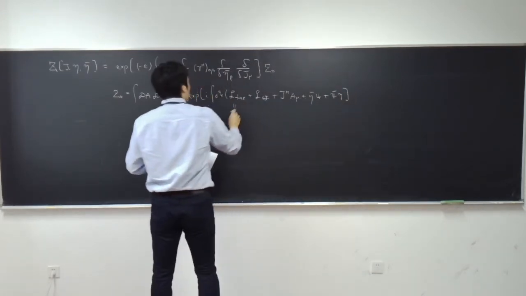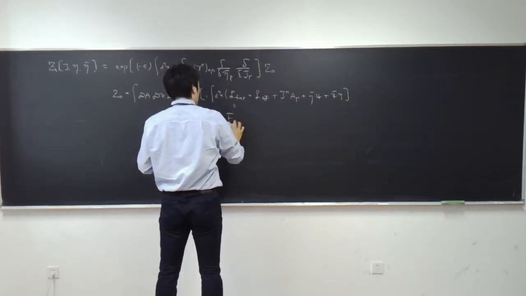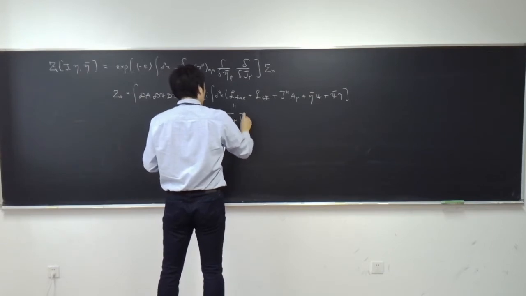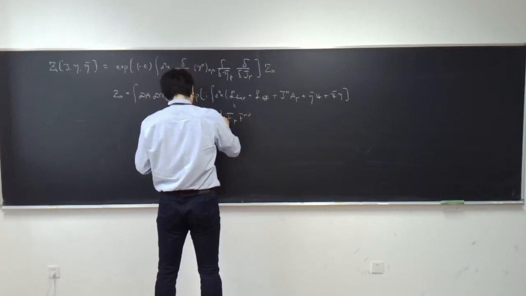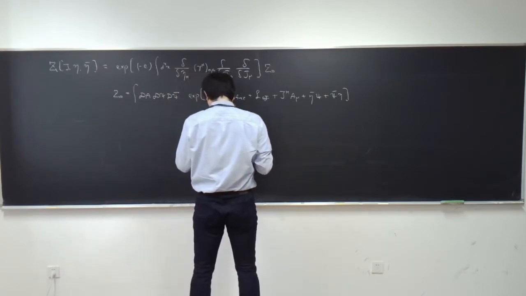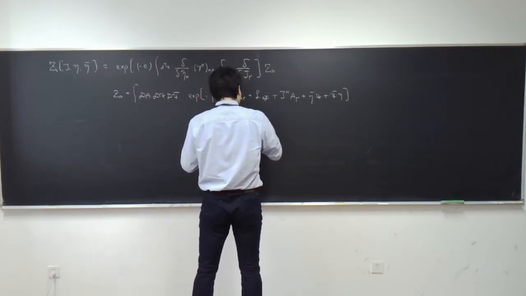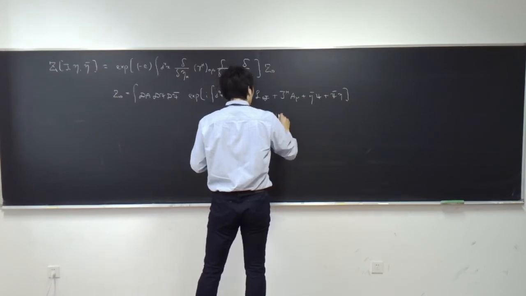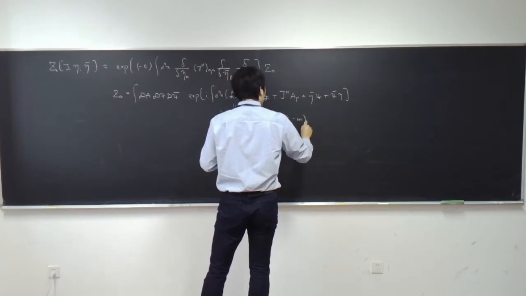The free part here is just F mu nu squared with the appropriate factor, plus psi bar i partial slash minus m psi.